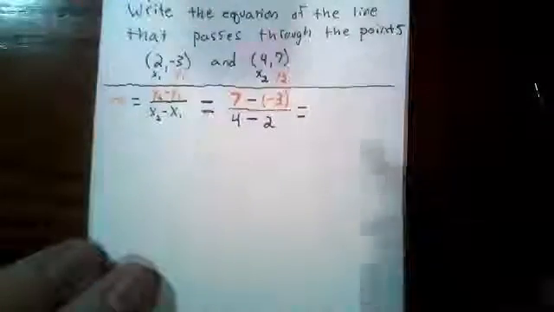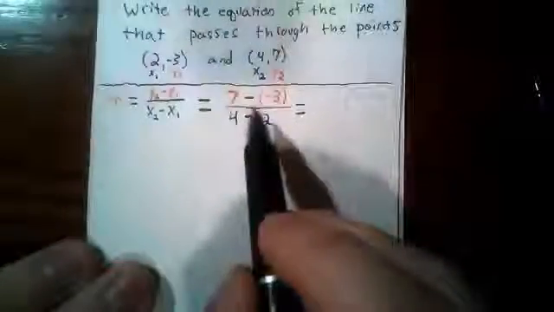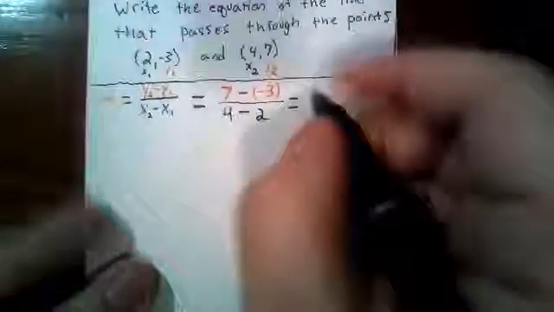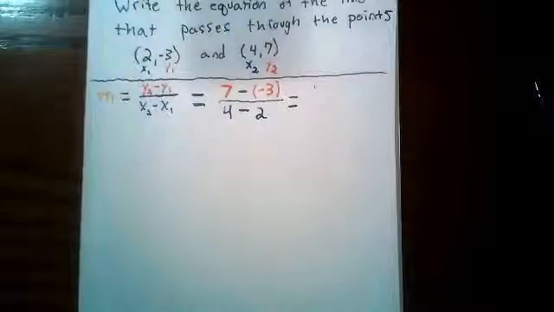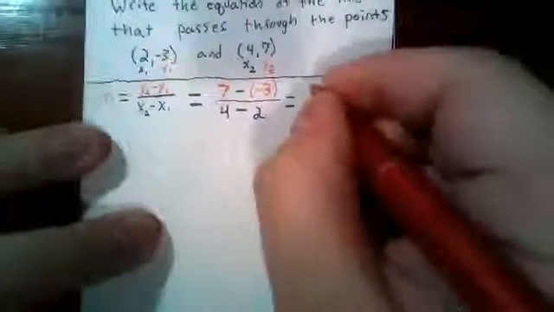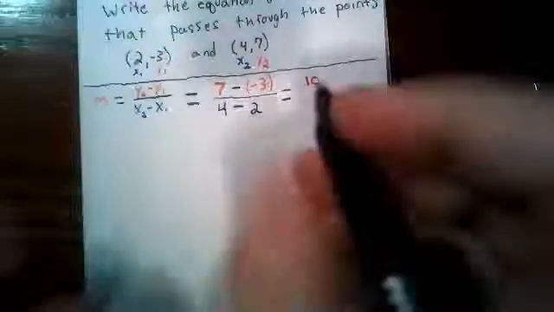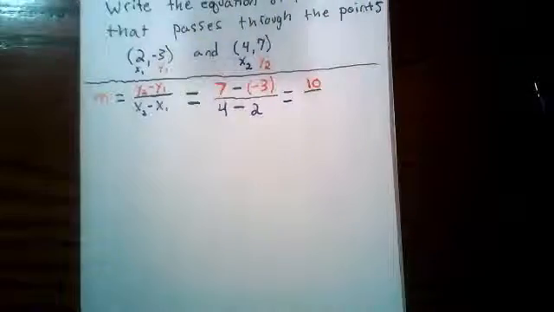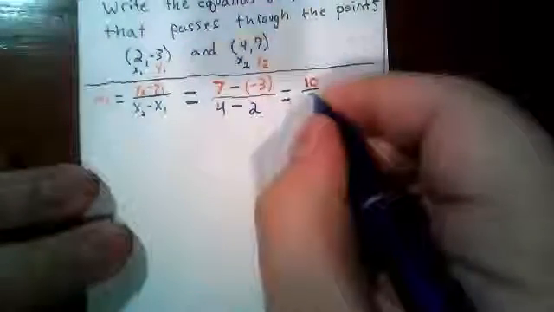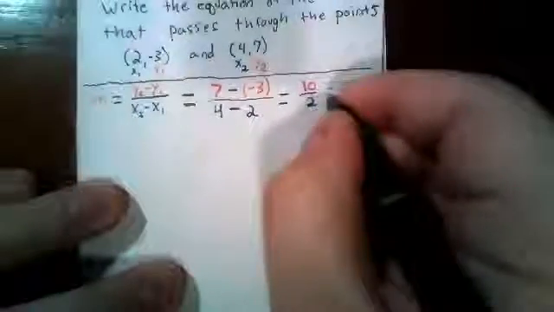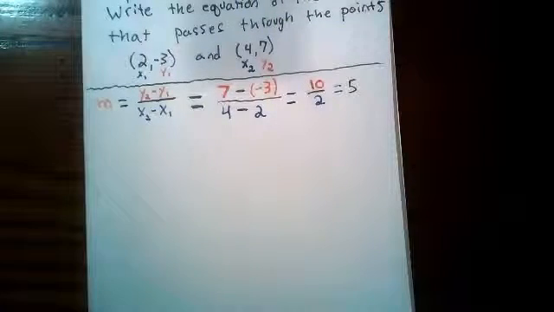That's just working with numbers and not variables. 7 minus -3 is really 7 plus 3, which is 10. 4 minus 2 is just 2. And we can reduce 10 over 2 to be just 5. So my slope is 5.